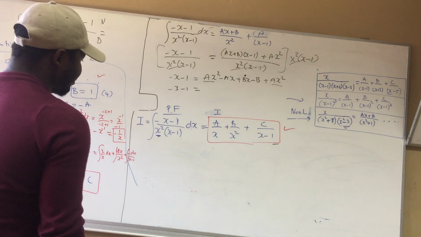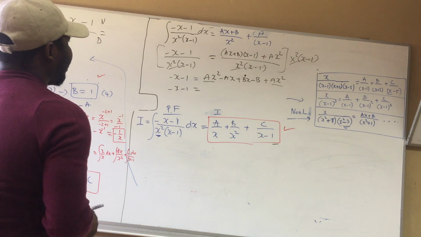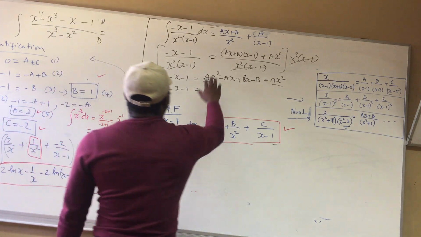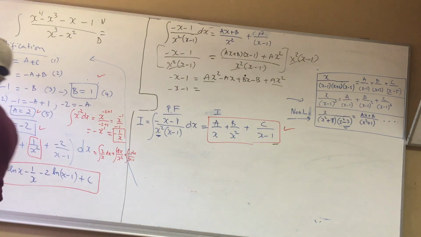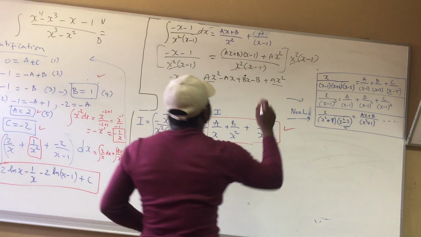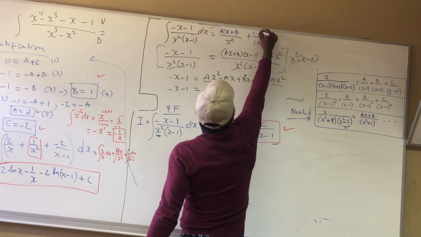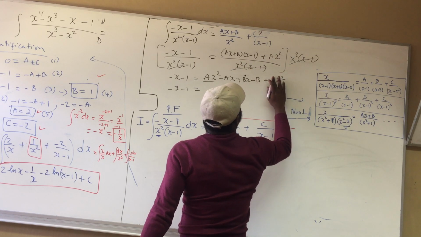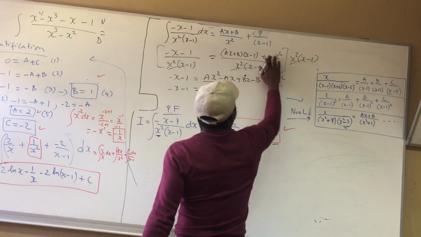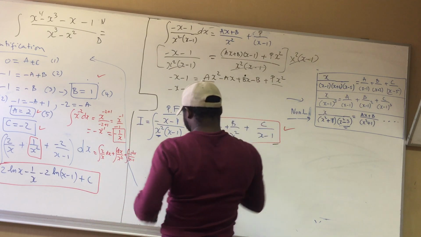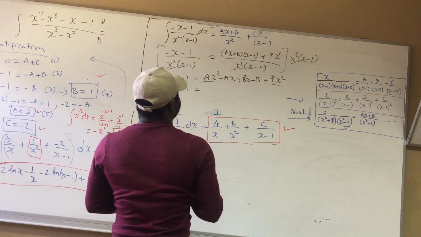Sorry, there's a mistake. I already used the letter A here. I cannot use the letter A again here. So let's find another letter. Let's call it P, for instance. Call it P. Alright?